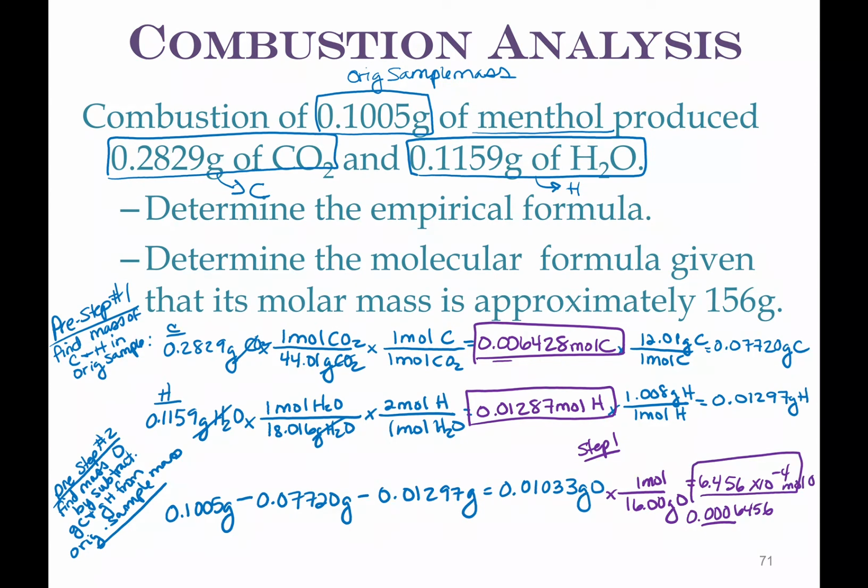All right, I'm going to try to remember those real quick. Actually, I have them written down. I'll go to the next slide and write them down because there's more space here. So we have carbon, 0.006428 moles of carbon.